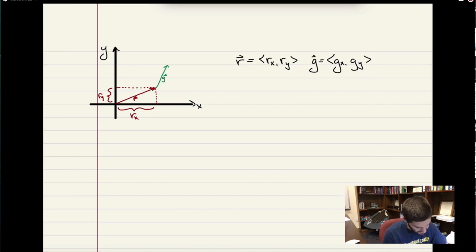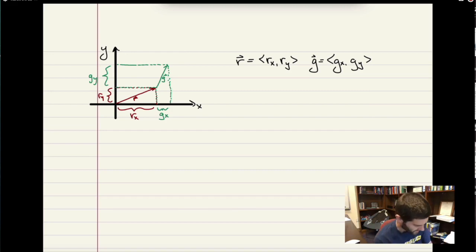I can do the same thing for g. G starts here, and then it ends here in the vertical direction. So this would be, say, g sub y. And then if I looked in the horizontal direction, this would be, say, g sub x.